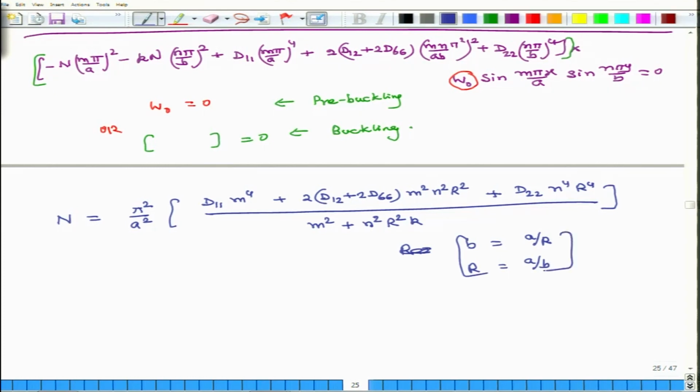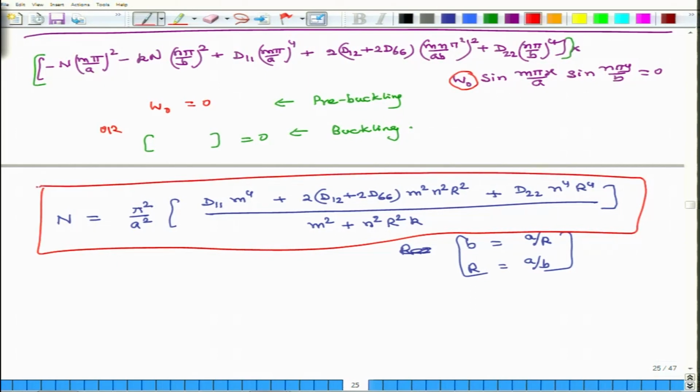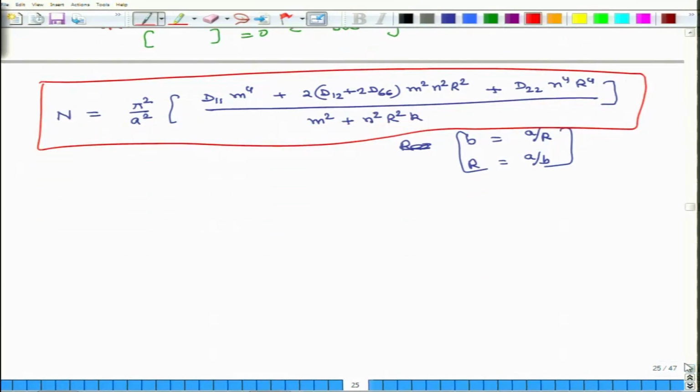Okay. So, that is the aspect ratio of the plate. So, this is how I can calculate the value of N at which it is going to fail, not fail, it is going to buckle.